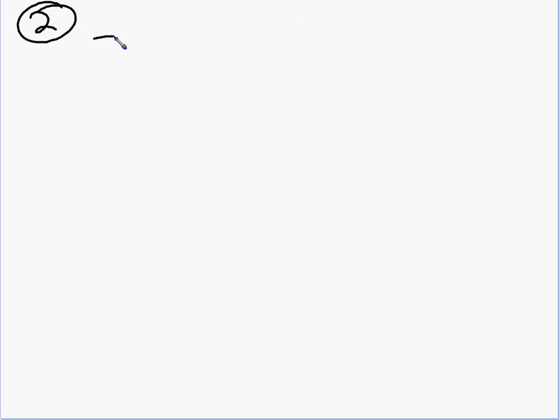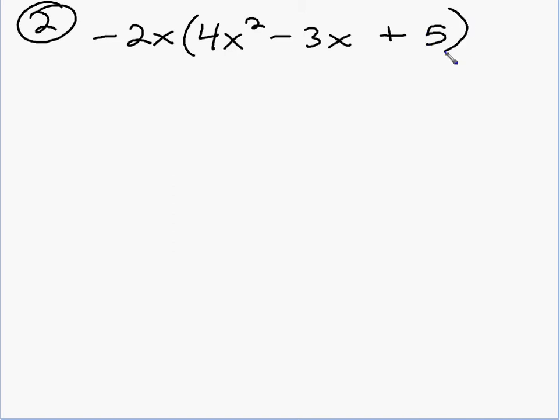Let's say that I had negative 2x on the outside, and on the inside I have 4x squared minus 3x plus 5. Now this time the monomial on the outside has a number with it. We call that a coefficient.